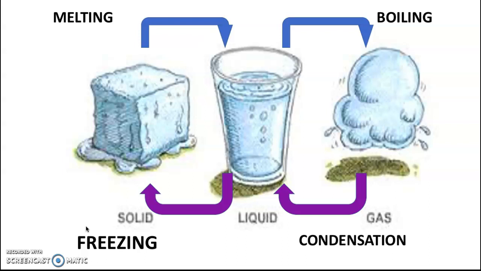One thing I also wanted to mention is that you can go from solid to gas instantaneously. And that is known as sublimation. Sublimation, spelled S-U-B-L-I-M-A-T-I-O-N. You can go from solid to gas instantaneously. We're going to talk about that a little bit tomorrow. But you could also go from gas to solid instantly.